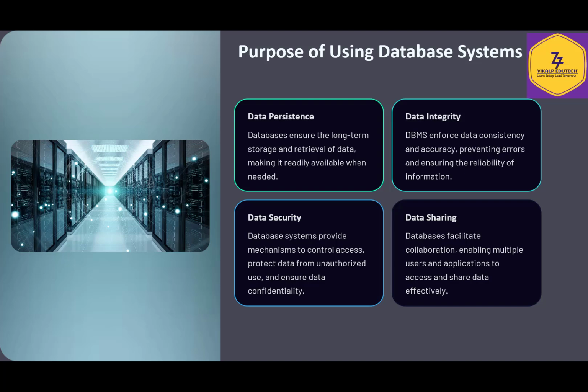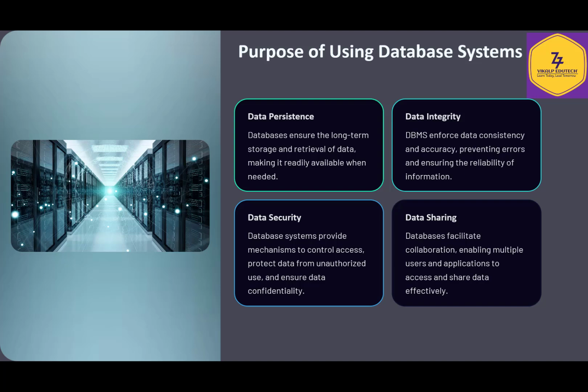DBMS enforce data consistency and accuracy, preventing errors and ensuring the reliability of information. Database systems provide mechanisms to control access, protect data from unauthorized use, and ensure data confidentiality. Databases facilitate collaboration, enabling multiple users and applications to access and share data effectively.